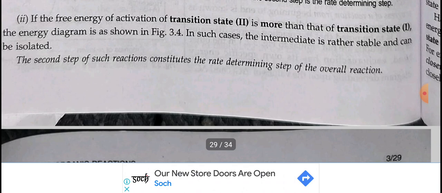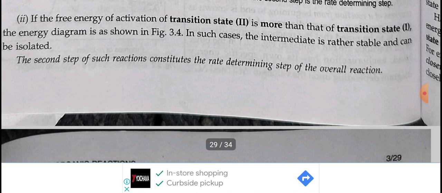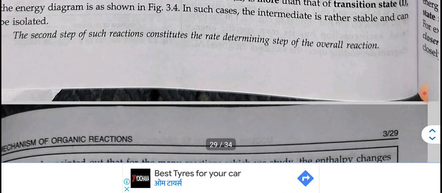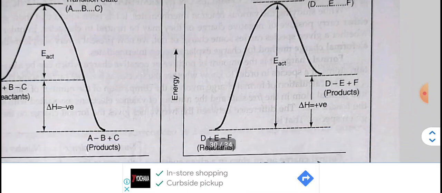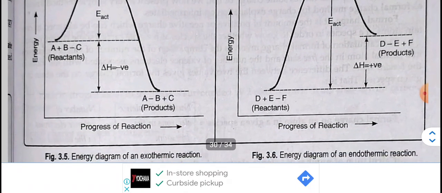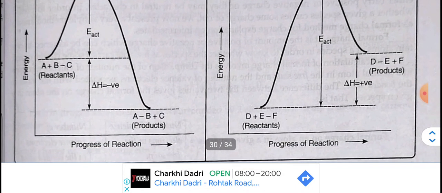In such a case, the intermediate is rather stable and can be isolated. The second step of such a reaction constitutes the rate determining step of the overall reaction. Progress of reaction.